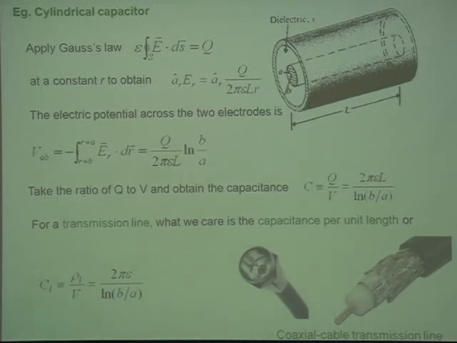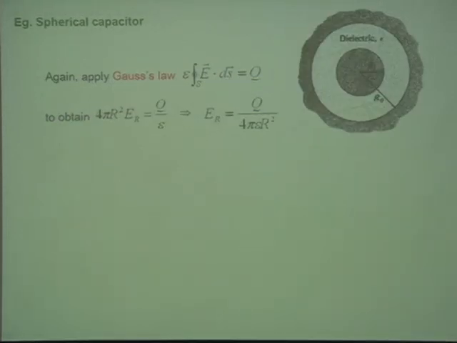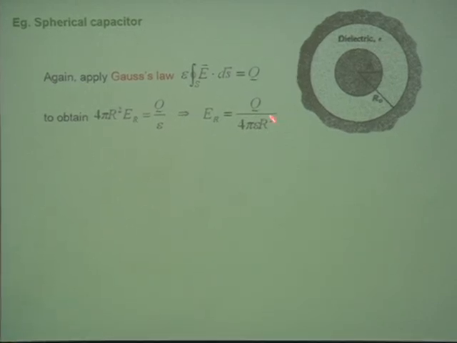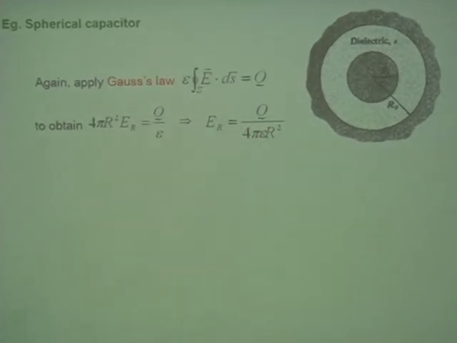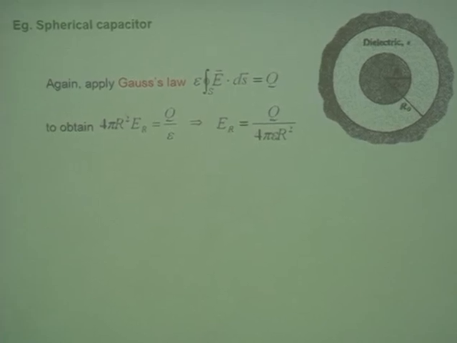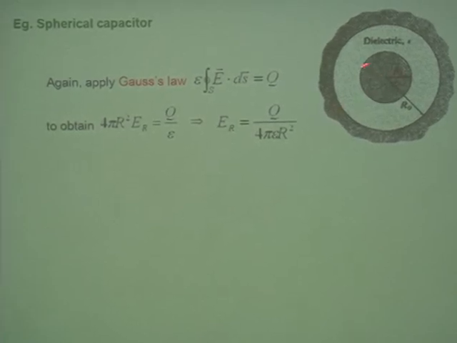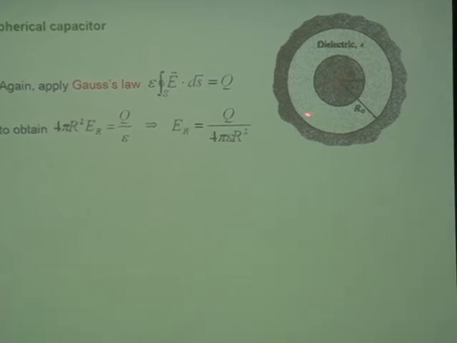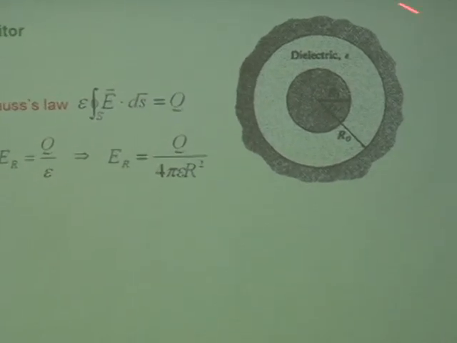A little bit unusual capacitor is like this. You have a ball at the center, you have one electrode, a metal ball as one of the two electrodes, and then the second electrode is outside.